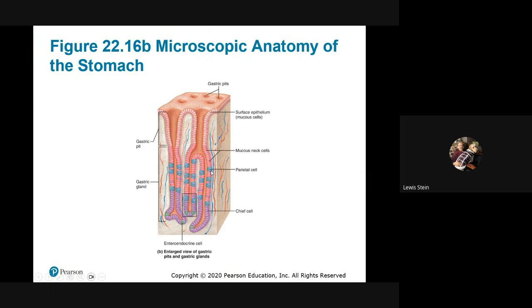So the parietal cells make that, and they make intrinsic factor. That's the chemical that enables us to absorb vitamin B12, which normally we would only get through our diet. Now we can get it by injection or nasal gels or nasal sprays, but for the longest time, people who couldn't absorb B12 didn't make the intrinsic factor.